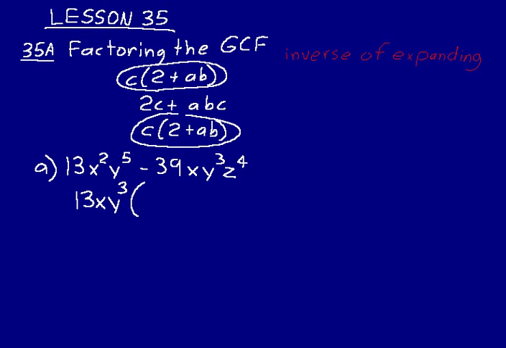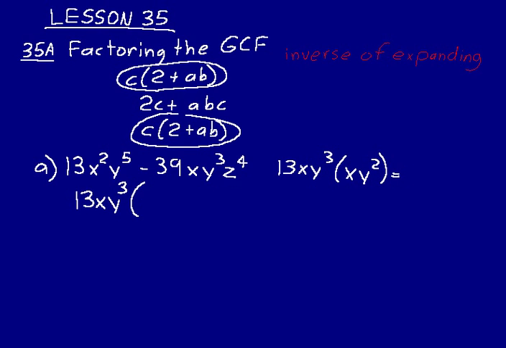Now, let's put some parentheses here, and we have to think about that first term, 13x squared y to the fifth. Let's write over here to the right-hand side the greatest common factor again, 13x y cubed. Now what would we multiply that by to get back to our first term, 13x squared y to the fifth? Well, we'd multiply that by xy squared, right?